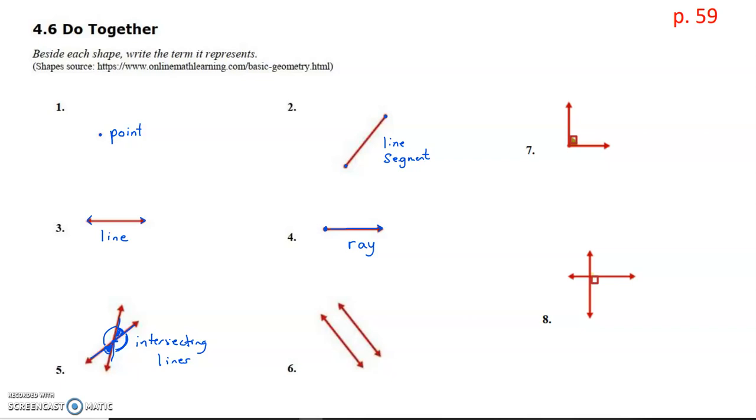Number 6, we have 2 lines that will never touch or never cross, and these lines are called parallel lines. Number 7, we have 2 rays that are meeting, and where they are meeting is forming a 90-degree angle.